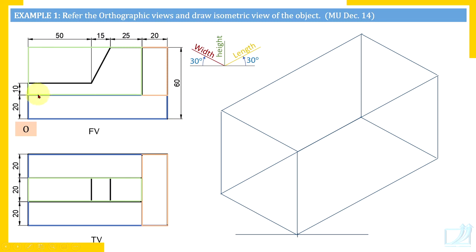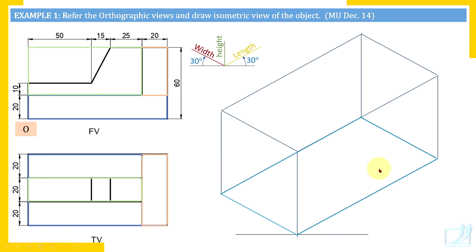So try to understand. First let's draw this base plate. The way we drew the box for the entire body, we are going to draw boxes for parts of the body. So base box, what is its length? Its length is 110 and width is 60. So this is how I have constructed the base.